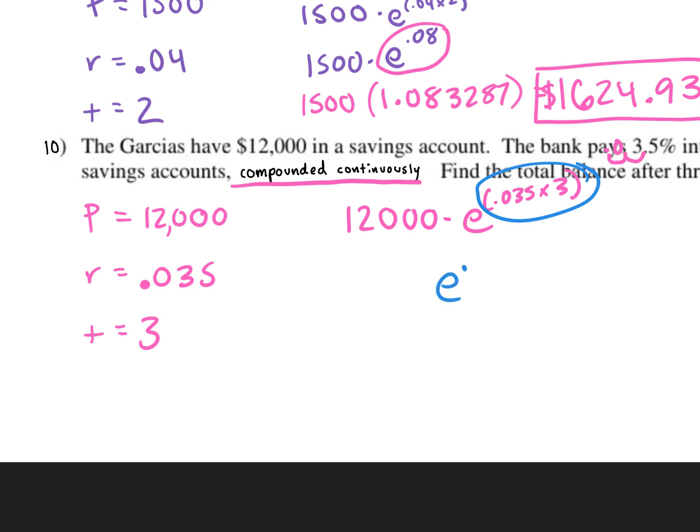So that gives me 0.105. What do I do next? Put in the calculator. So I do e to the power of 0.105. And if you put it in the calculator correctly here, you should get 1.11071.